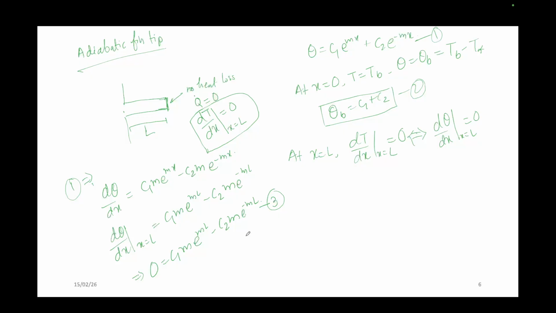So that is equation 2 and equation 3. Two variables here, C1 and C2, you can easily solve, right? This derivation is quite important because it may carry a question of 5 to 10 marks. So if I have to solve for C1, from equation 2 I can write this as theta_b minus C2.